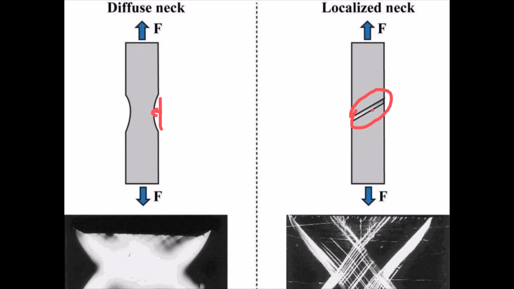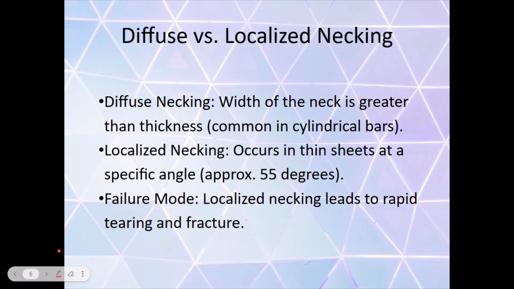This happens at an angle of approximately 55 degrees. As you can see here, the necking occurs at some angle, and in diffuse necking you can see that the width is larger than the thickness of the neck. This is what is explained here.